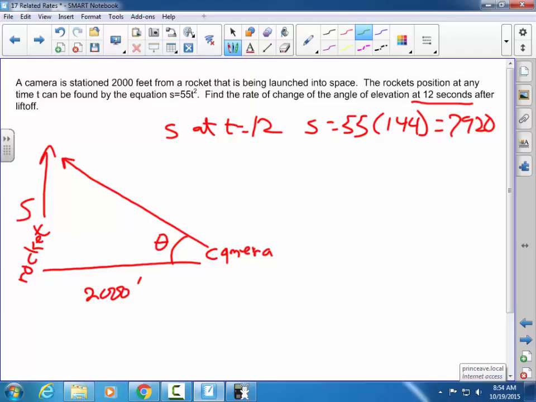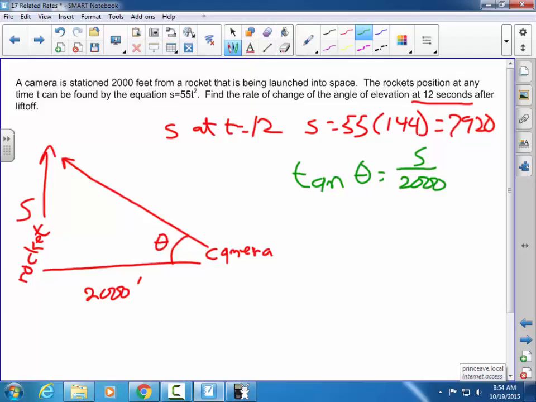Tangent of theta equals S over 2,000. Oh boy, that looks like fun, doesn't it? So now what do you think we need to do? Find S. We already found S would be 7,920.